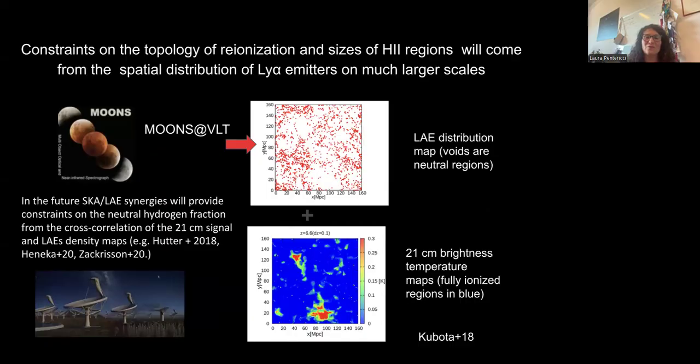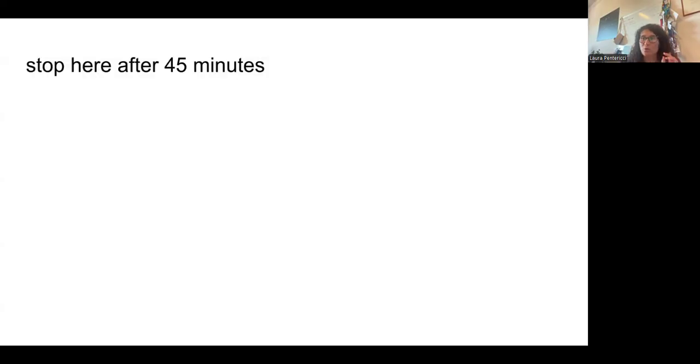This is an instrument that will be put on the VLT. It has a spectrograph with a very large field of view, and it will allow us to map the Lyman alpha distribution, so the overdense regions and the voids, on very large scales. And of course, in the future, we have SKA. With SKA, we will be able to map the 21 centimeter brightness and really map the reionization. So I'll take questions now before going to the second topic.